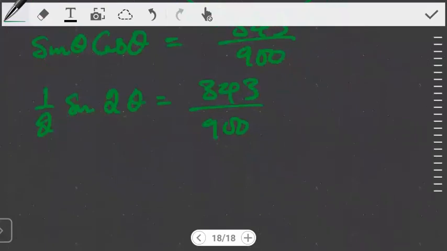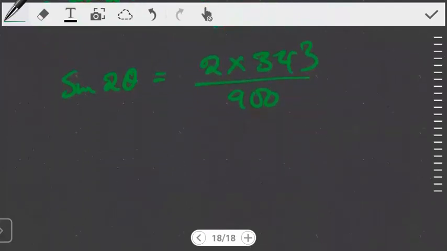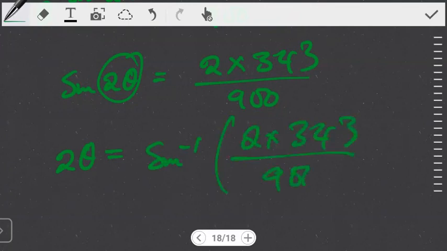Here we can work it out for sine 2 theta. Then sine 2 theta is equal to 2 times 343 over 900. And then from here we can evaluate the sine inverse. Sine inverse means that we just remember the argument here. 2 theta is equal to sine inverse of 2 times 343 over 900.